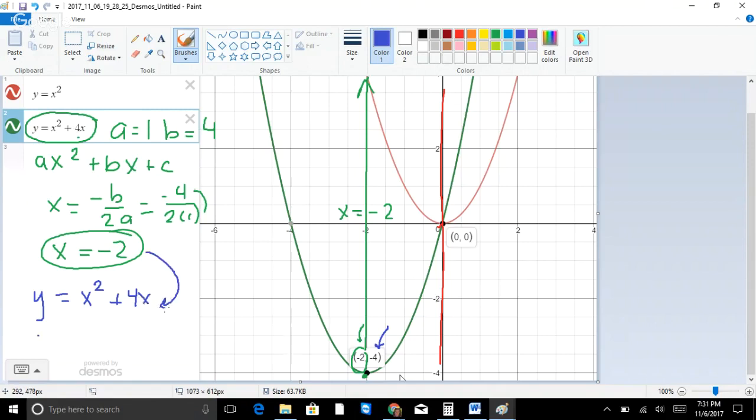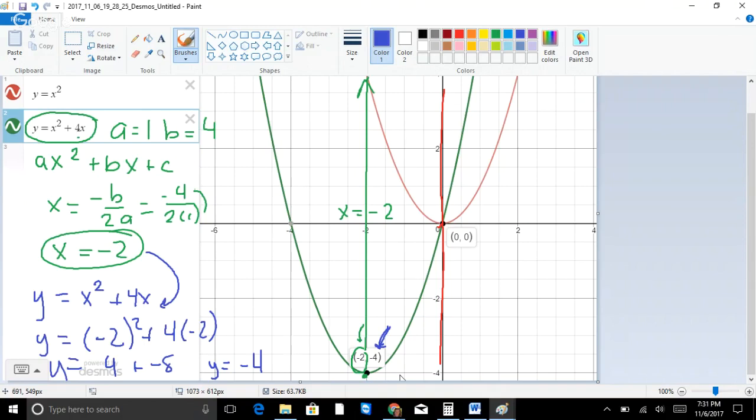If we plug that in, the y value is -2 squared, which is 4, plus 4 times -2, which is -8. So our y value is -4, which is this value right here. So that's how you find the coordinates of the vertex. You find the x, and then you plug it in to find the y value.